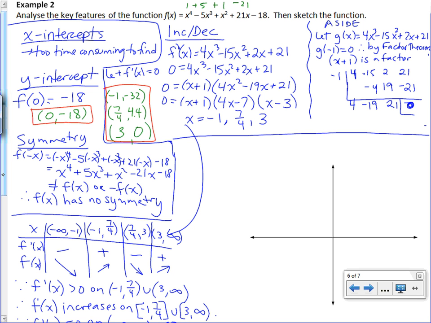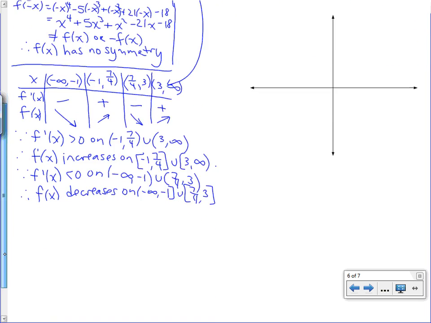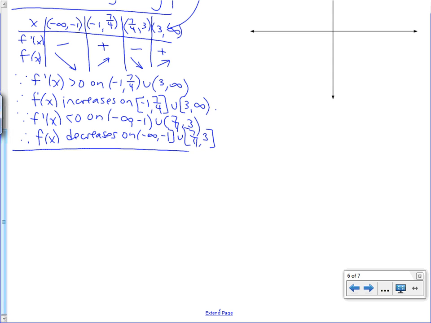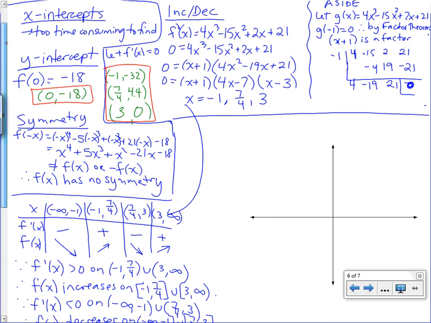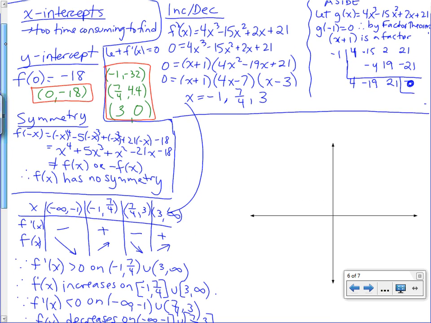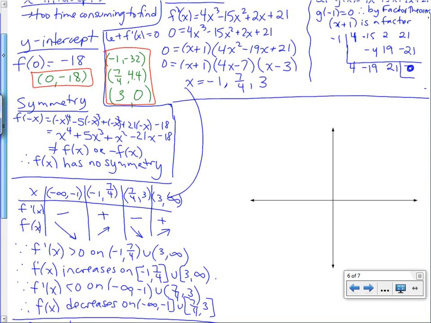But again, one extra piece that will help us is the second derivative to tell us the concavity. Okay, so concavity requires the second derivative. The good news is the second derivative will be quadratic. Yay! You don't have to do factors here anymore.